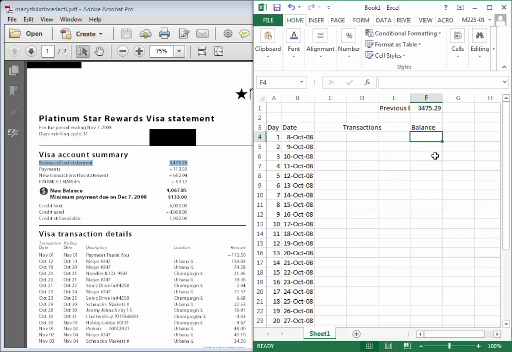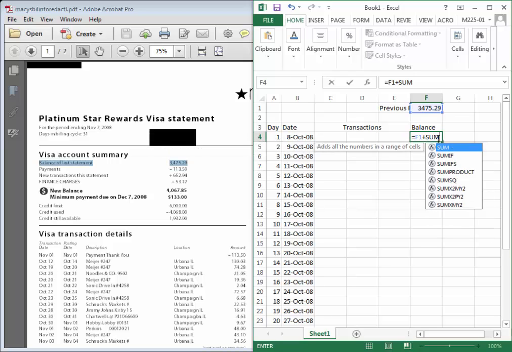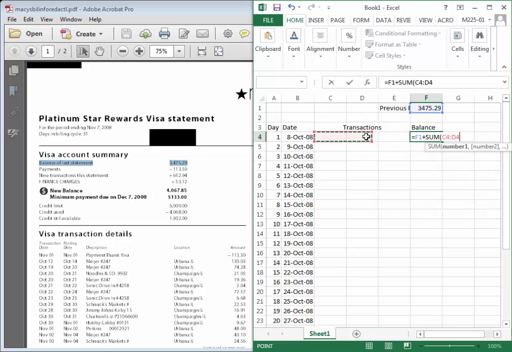So this balance is going to be this amount plus the sum of whatever transactions I had that day.